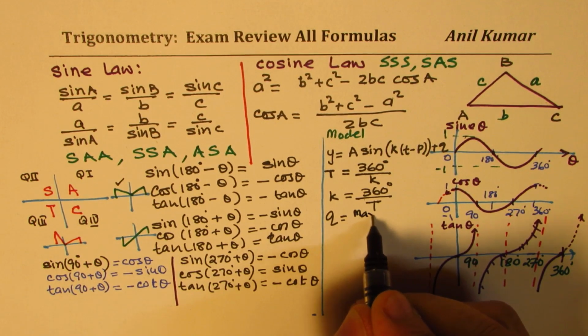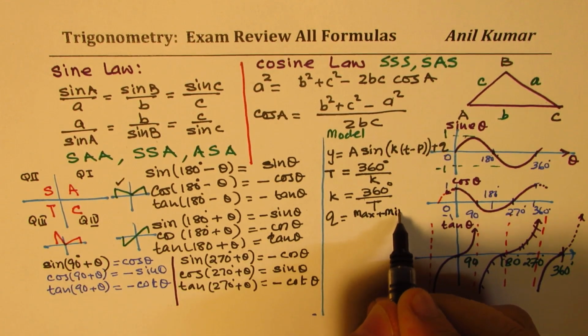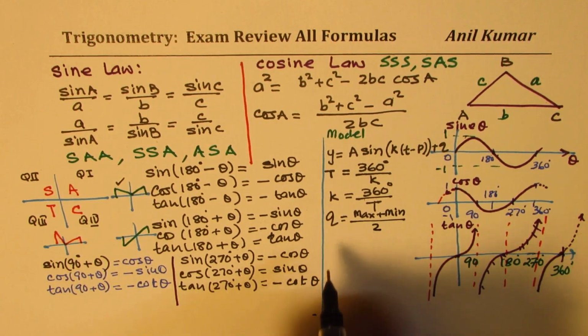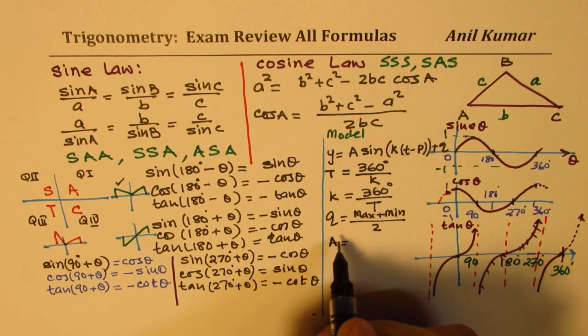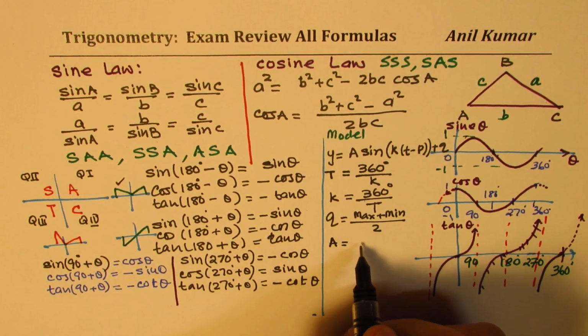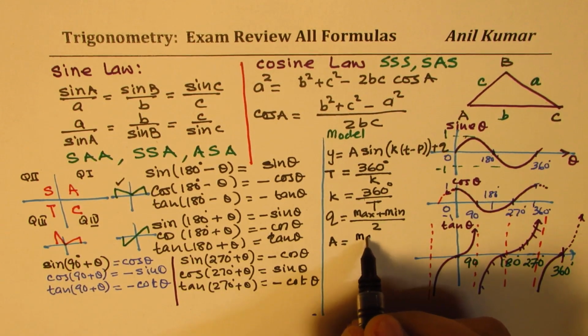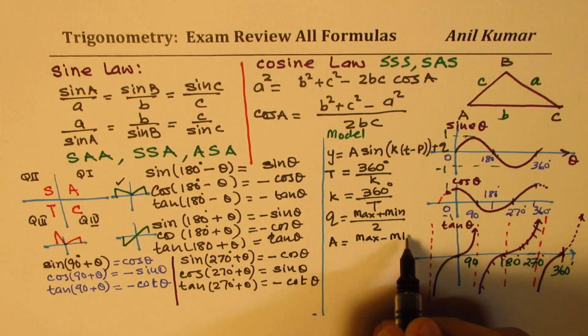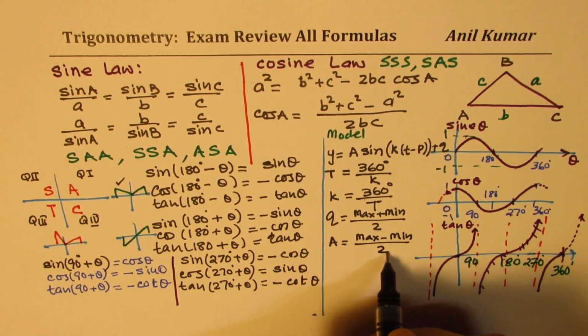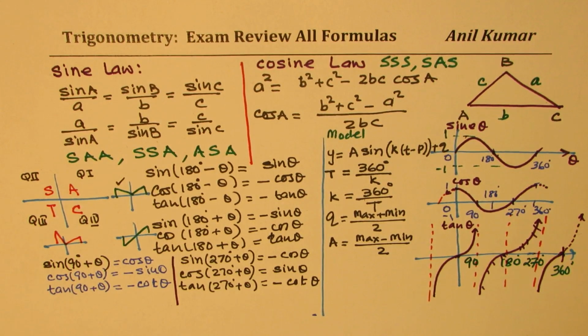So it is maximum plus minimum divided by 2. Amplitude A is always positive, and it is equal to difference of maximum and minimum divided by 2. So that helps you to write equation of any sine function from the given graph, right? So that is how you could actually model a sine wave or a cosine wave, correct?